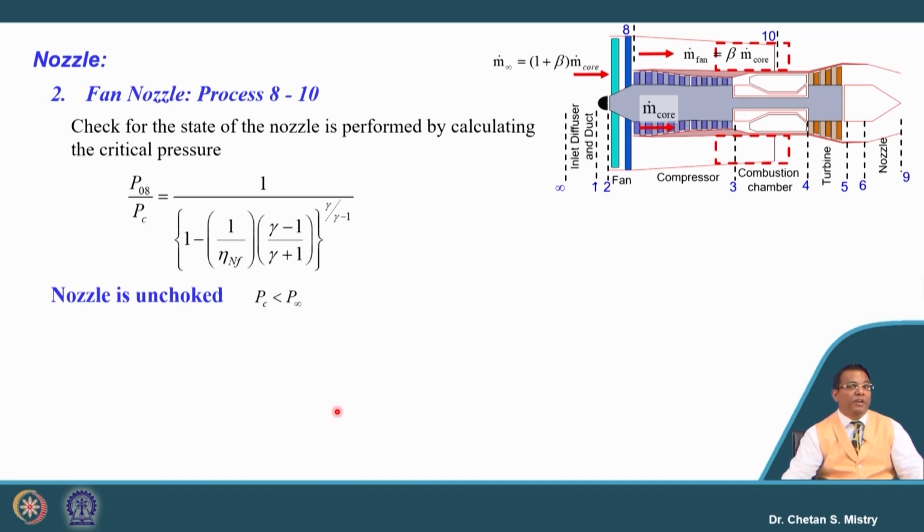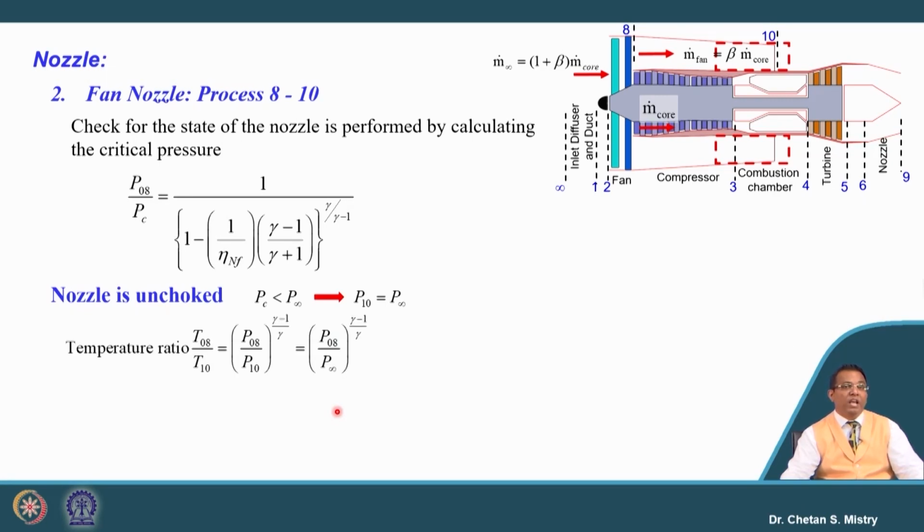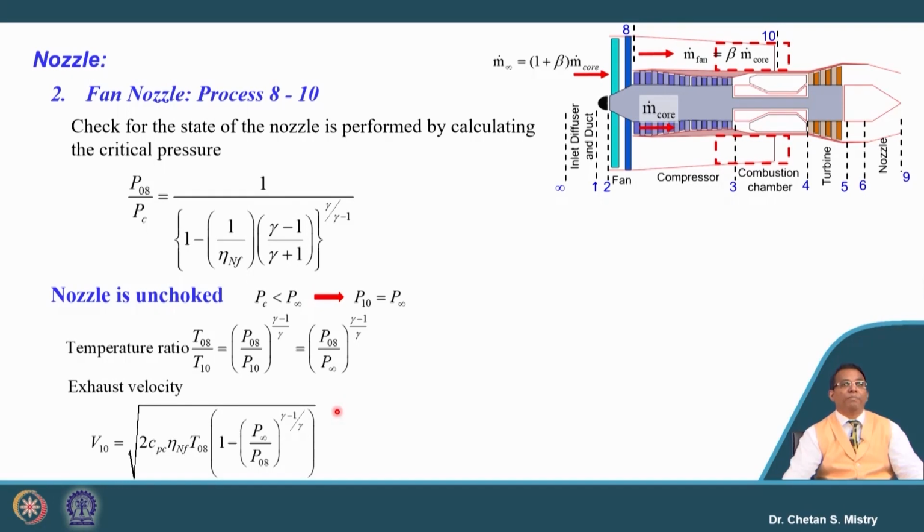If my critical pressure is lower, we can say the nozzle is unchoked, and our exit pressure will be atmospheric pressure. Based on that we will calculate our temperature ratio and the exit temperature, and from that exit temperature we can calculate our exhaust velocity.